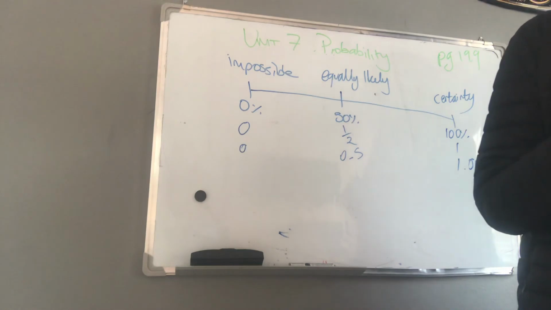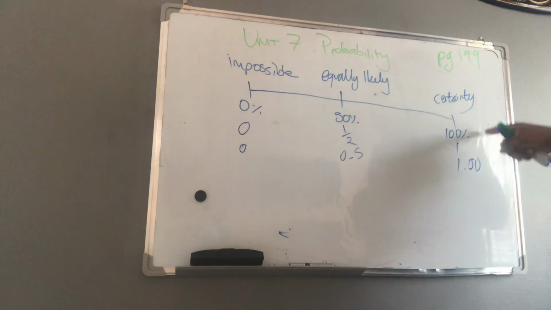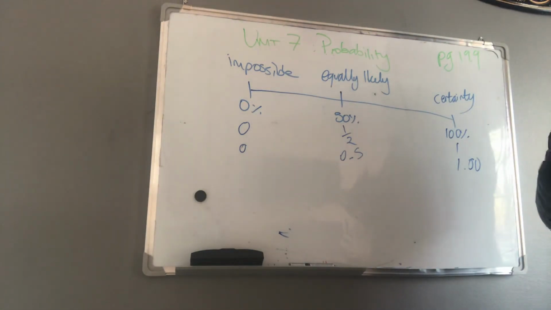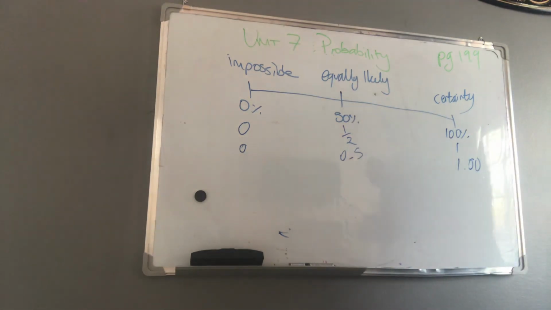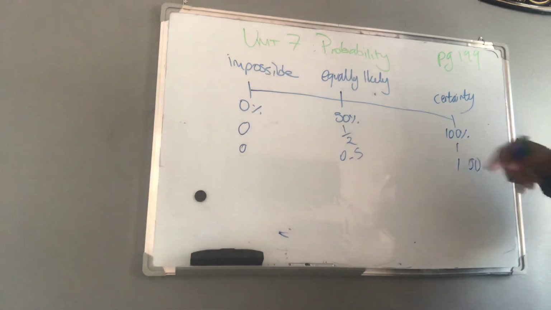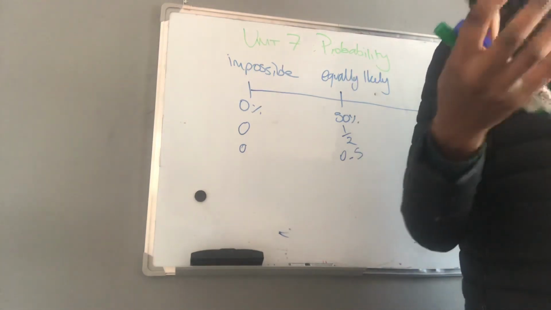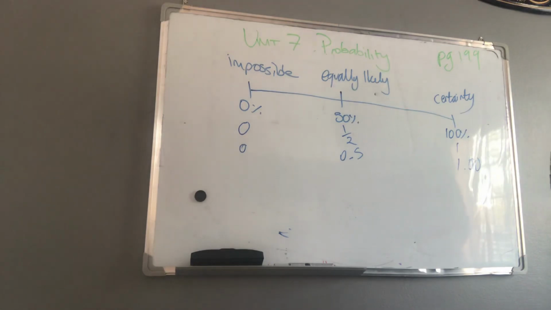And then in terms of your certainty, getting either a head or a tail, that could be 100%, because you only have two possible outcomes from that trial of tossing a coin. So it's 100% likely that you'll get a head or a tail. So we're fine with our probability scale.